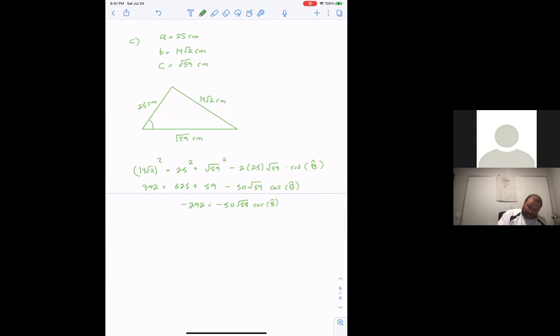Divide by negative 50, divide by the square root of 59, and I get 0.760 equals cosine of B hat. And therefore B hat is equal to the inverse cosine of that answer.